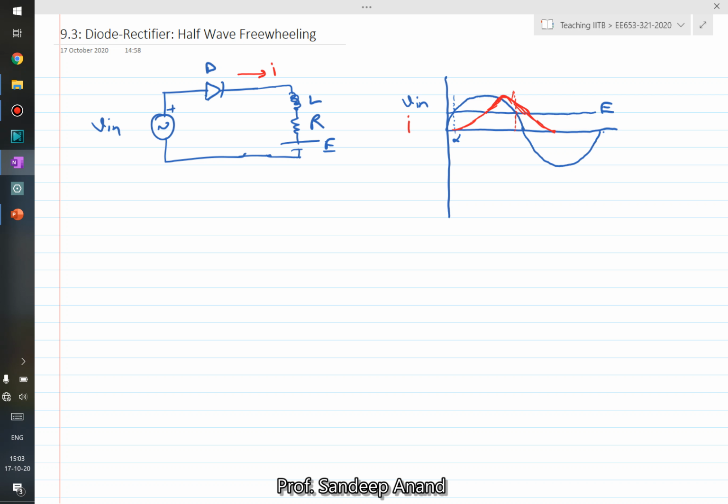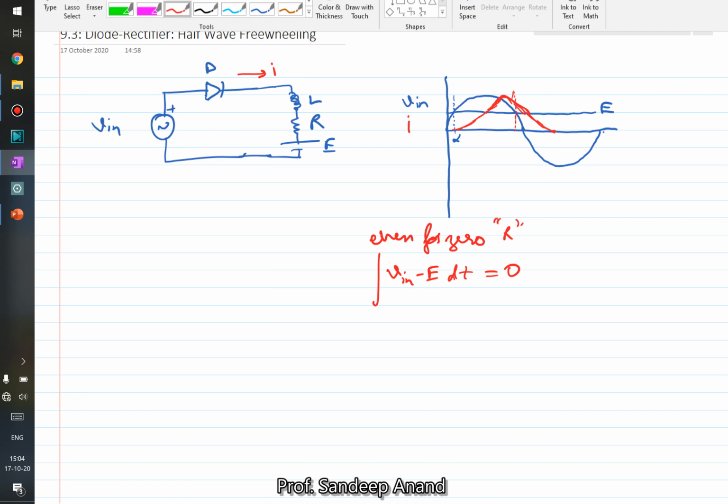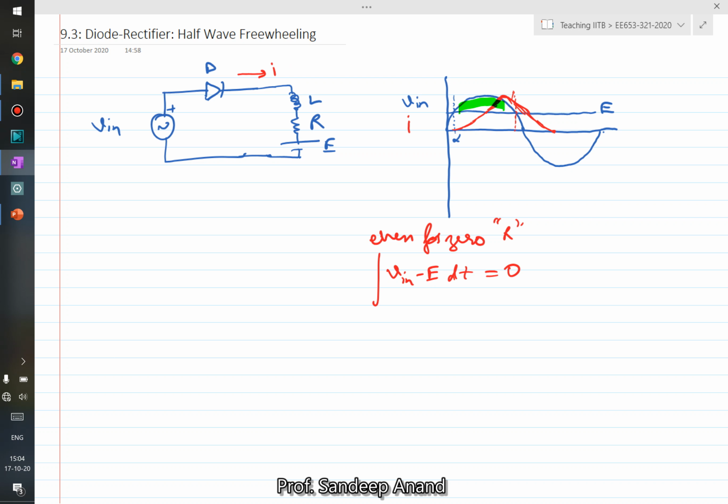Now, in the best case scenario, even for 0 value of resistance, you understand that because the integral over time of the area between V in minus E should be equal to 0, the positive area would compensate with the negative area, and it would become 0 before the end of the cycle.